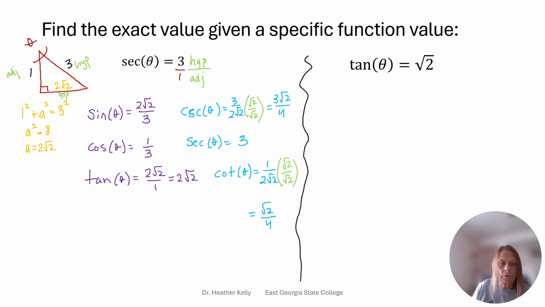All right, so here's one for you to do. Remember that this is over 1. Remember that the tangent is opposite over adjacent. And draw yourself a triangle. Wherever you want to put your theta.